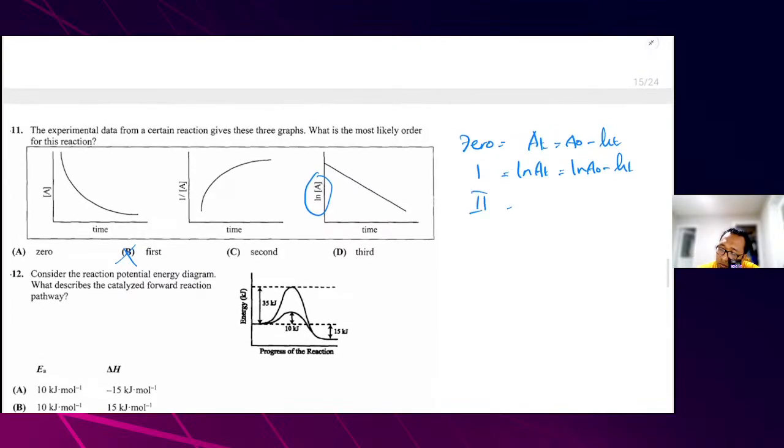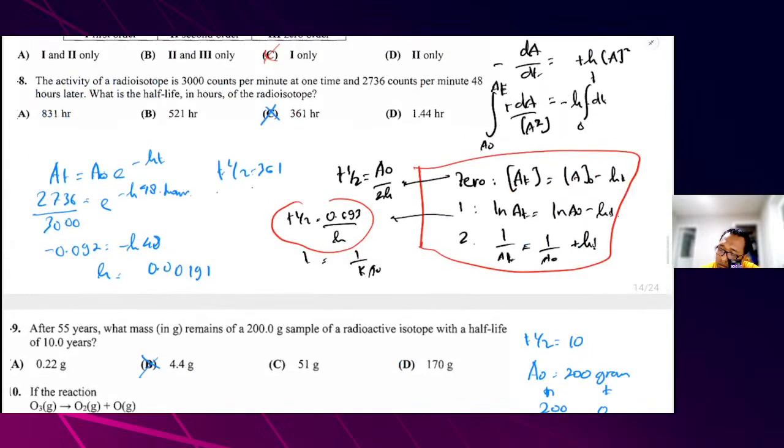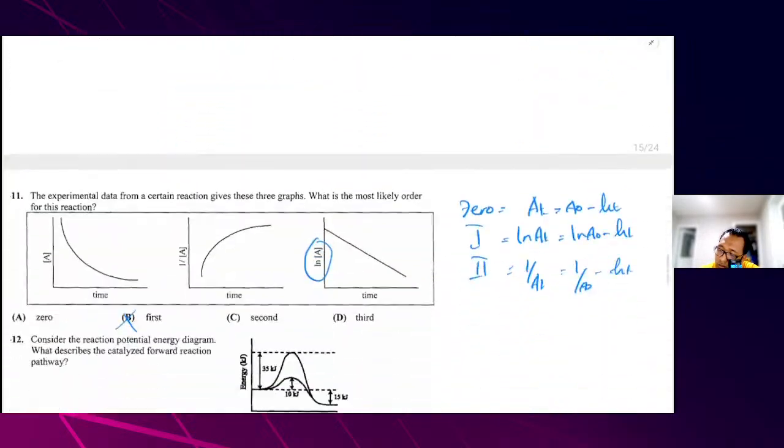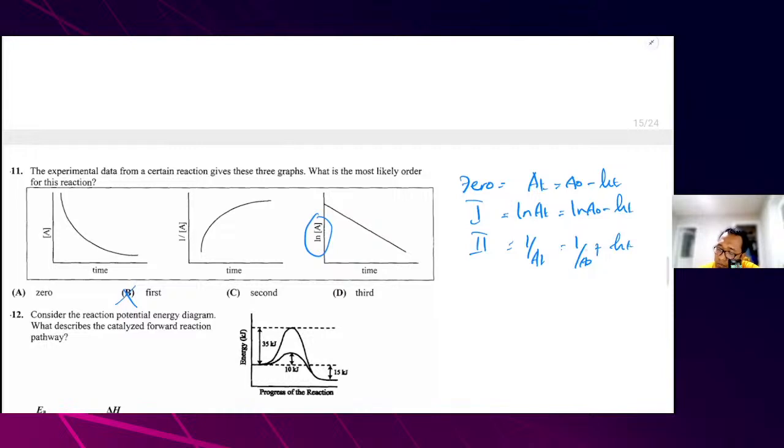For second order, it should be 1/AT equals 1/A0 plus KT. Remember, if the plot of AT versus T is a straight line, it is zero order.